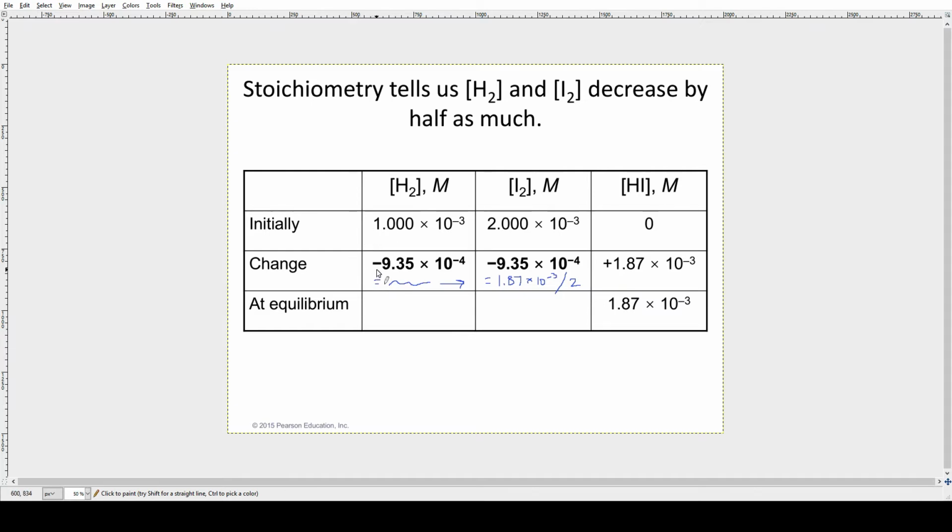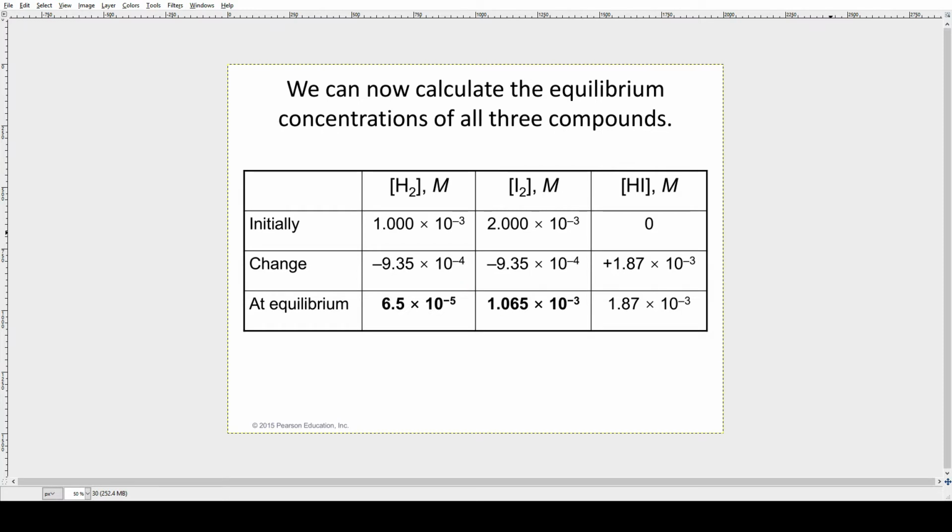So the initial minus the change, or the initial plus the change, depending. So 1 times 10 to the negative third minus 9.5 times 10 to the negative fourth will give you, oh look, there's the numbers, that's nice. 6.5 times 10 to the negative fifth. Iodine started off with 2 times 10 to the negative third molarity, so you get a slightly different number, and we already knew our HI molarity.